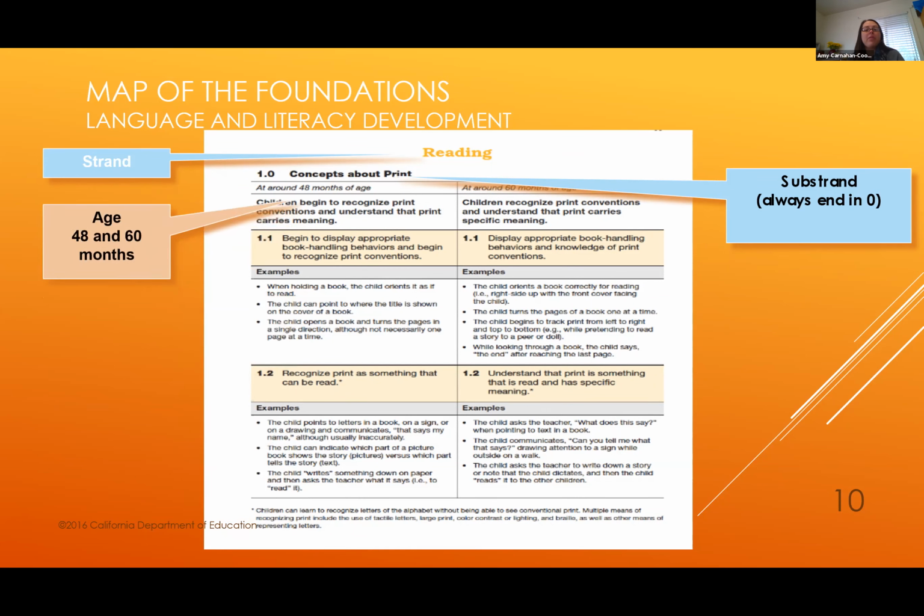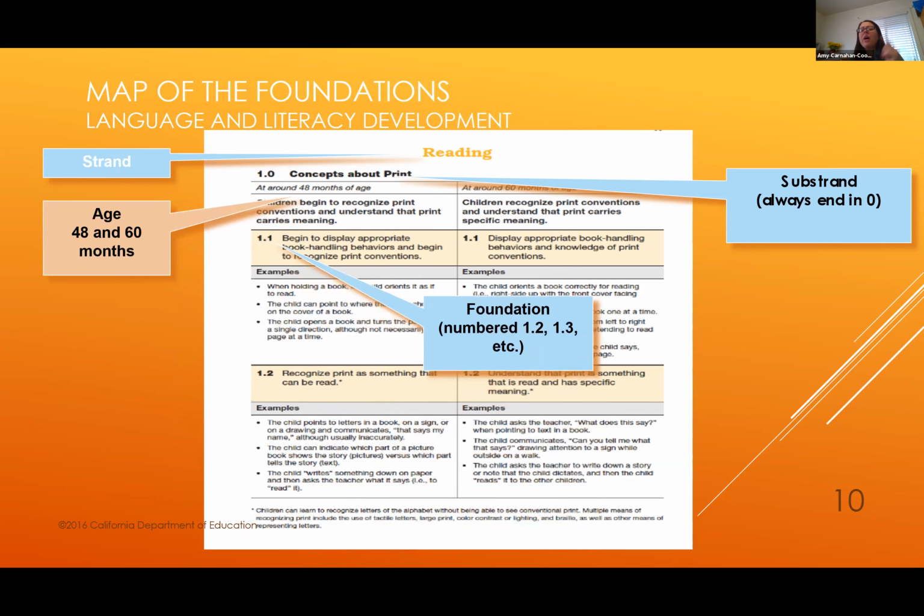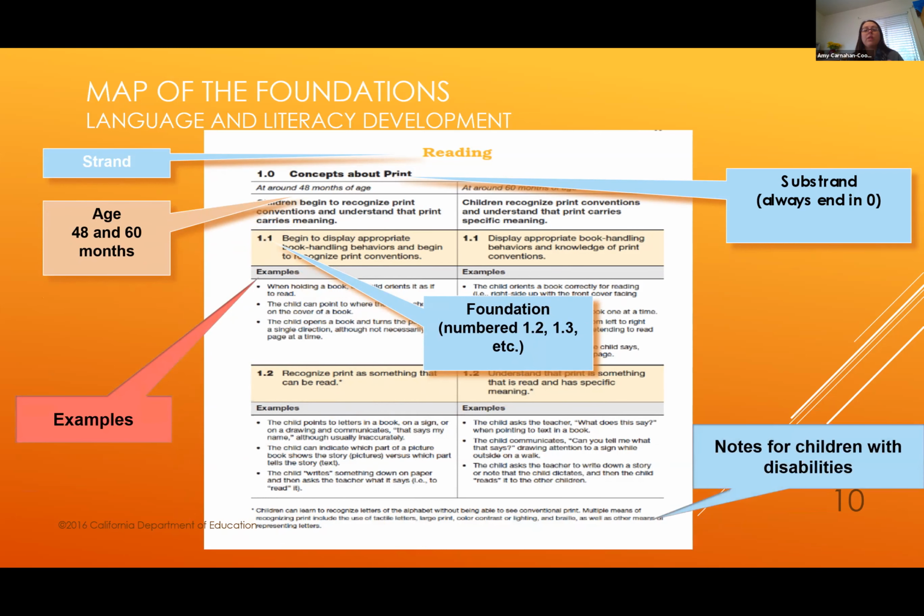But this is the map of those foundations that we went over a few weeks ago, and this is a great reference for you to be able to come back and really reference how to read these pages inside the foundation book, so you know each of those different parts and where they exist. All right, guys, well, that's it for this lecture on language and literacy development and this developmental domain.